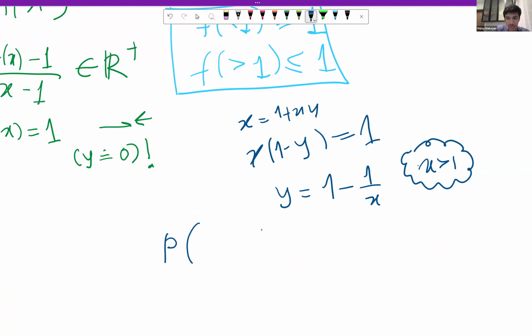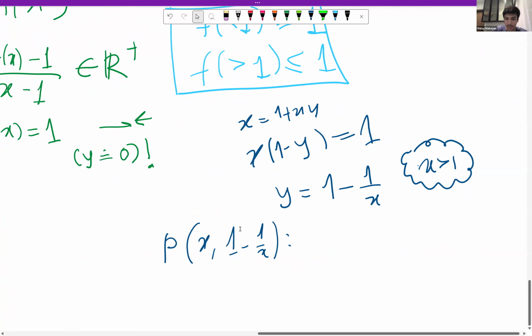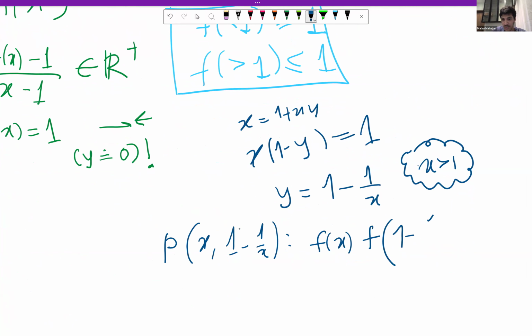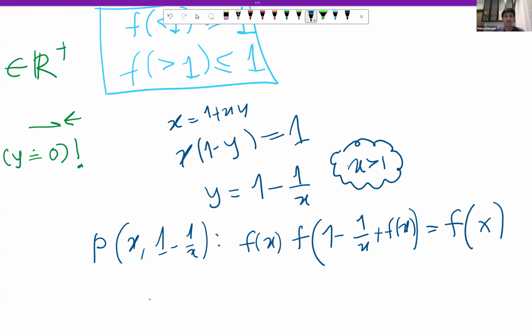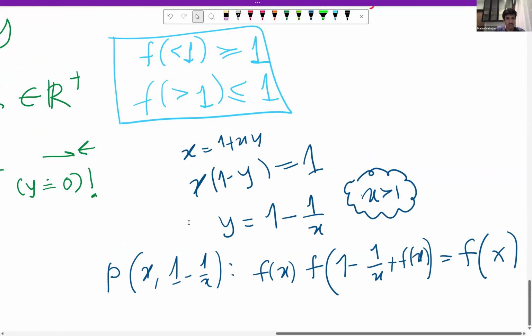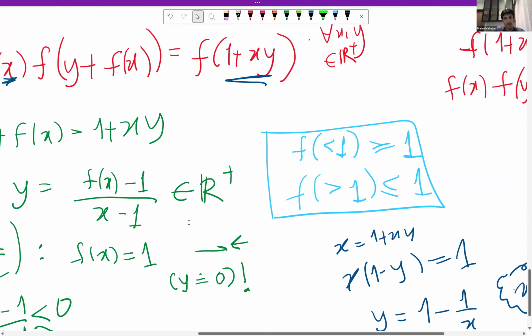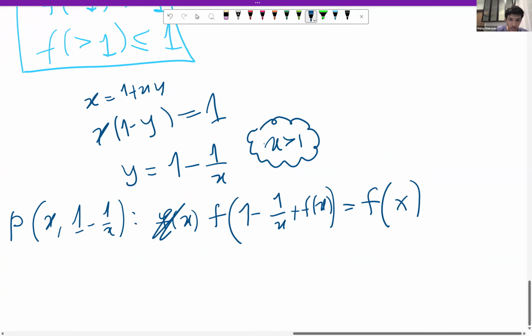So when I do P of x comma 1 minus 1 by x, I get f of x times f of 1 minus 1 by x plus fx is equal to f of the other side. But the point is, because of our construction, 1 plus xy is equal to x, so these just cancel and you get 1.